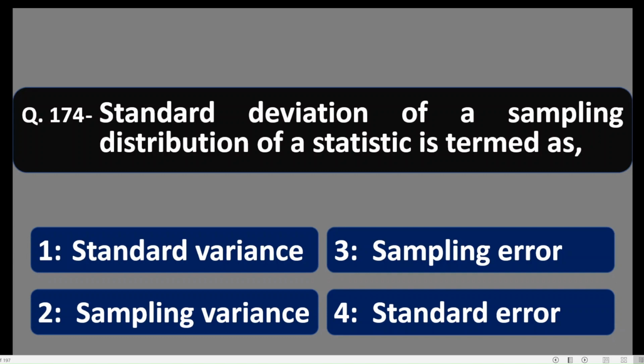Friends, sampling distribution means the measurement taken from different samples of the same population, and the standard deviation of that particular measurement which is obtained from different samples is found out, and this standard deviation is called standard error of that measurement. If means of different samples are taken from the same population, then it will be the standard error of mean.